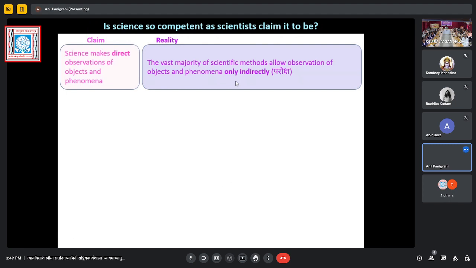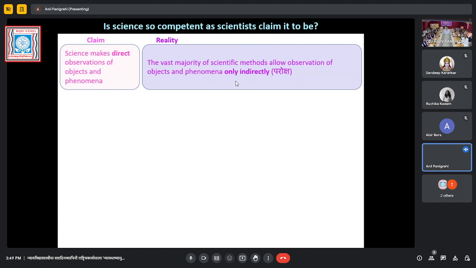For example, you open up the abdomen of a frog and see where the alimentary canal is, where the heart is. With your eyes, you are looking into the anatomy of a frog. Or if you take a piece of metal and measure its length, and then heat it, and then measure its length. In those kinds of small cases, you see direct observation.